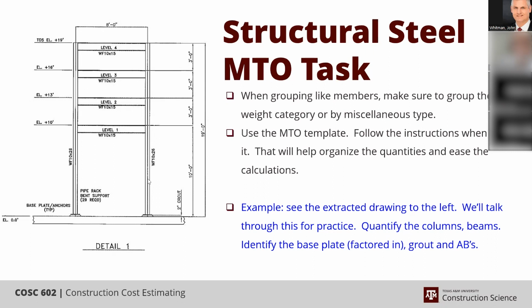Your columns, you're at 19 feet, top to bottom. Now, if we want to be particularly specific, it actually is 19 feet minus 2 inches, because we have 2 inches of grout here. But I don't ever take that off, because number one, it's a small amount of weight.